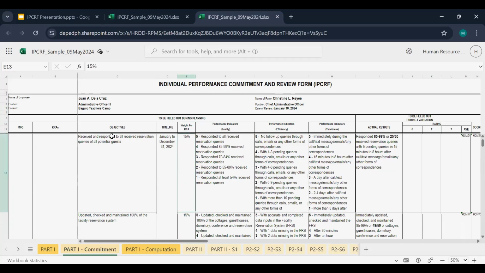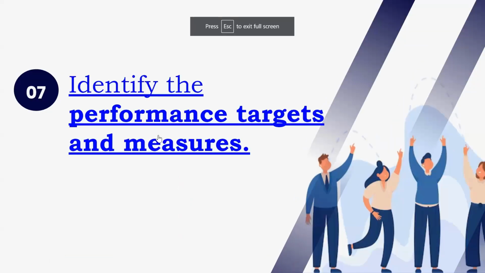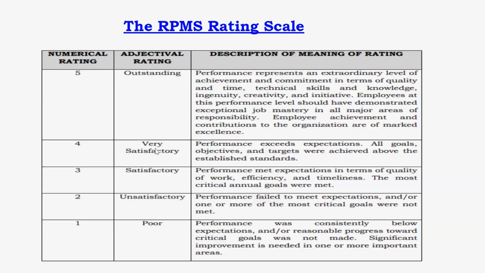After assigning the weight per KRA, the next step is to identify the performance targets and measures. The rater and ratee shall identify, discuss, and agree on the performance targets for each of the objectives.